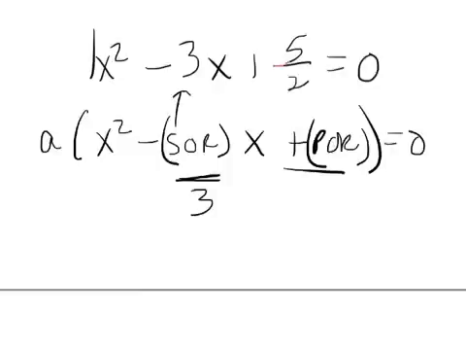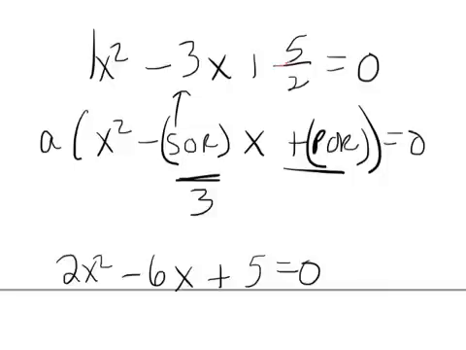Anyhow, we want integer coefficients or integral coefficients, so let's multiply everything by 2. That gives us a value of 2 for a, negative 6 for b, and 5 for c. Again, identifying a as 2, b as negative 6, and c as 5.